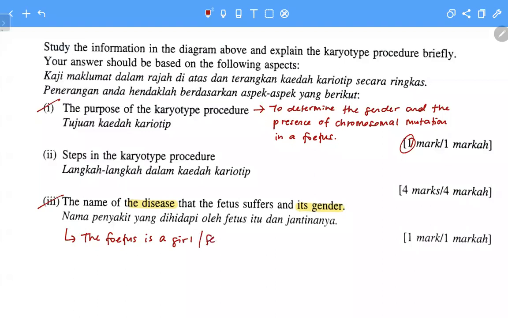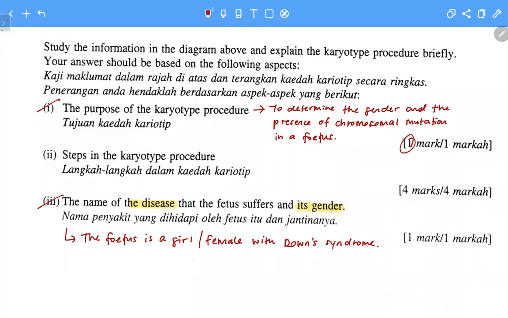Yeah, put female also if you want. It's a female with Down syndrome.